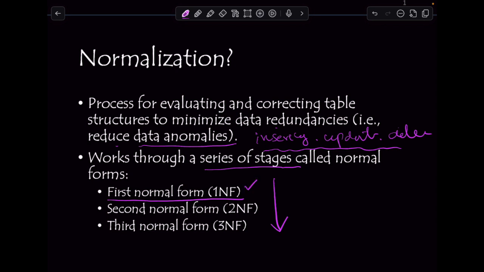Using this first normal form, you may apply some more normalization process. Then you will get a little bit better, better than the first normal form. That is called the second normal form. Now, using the second normal form, if you further apply the normalization process, you can get an even better normal form. That is called the third normal form. So by moving on step by step, you can get better normal forms.